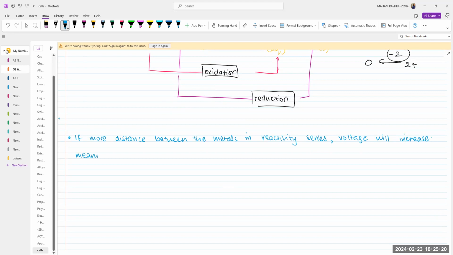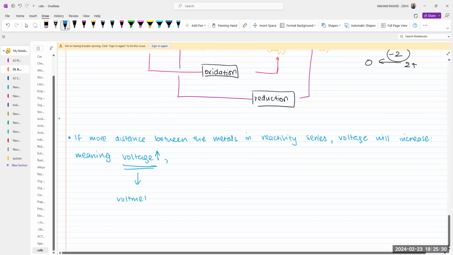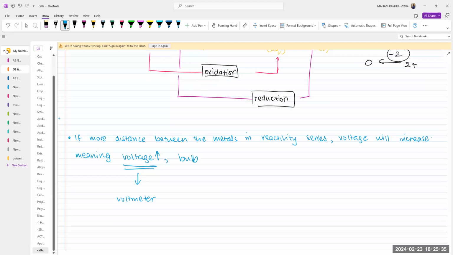Meaning voltage increases, and this will be the case when you have a voltmeter attached, and if in another case you have a bulb attached, the bulb's brightness increases.